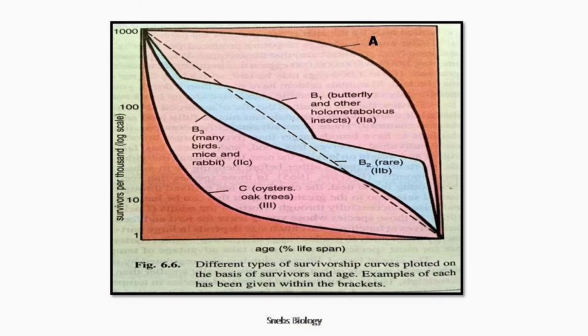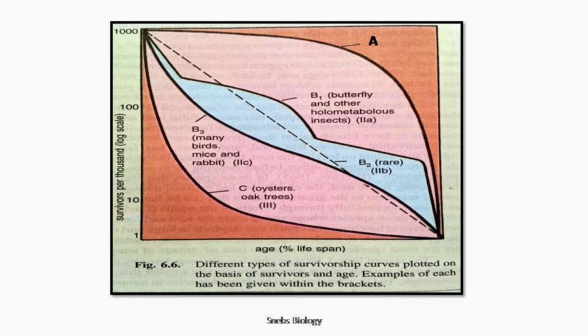Thus, a slightly concave or sigmoid curve B3 in the figure is the characteristic of many birds, mice and rabbits. In this case, the mortality rate is high in the young but lower and more nearly constant in the adult. Still, in some insects such as butterflies, there is generally expected a stair-step type of curve B1 in the figure.